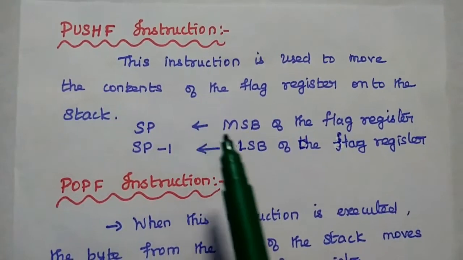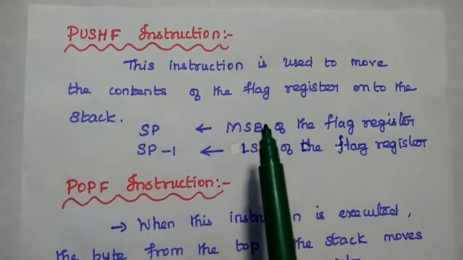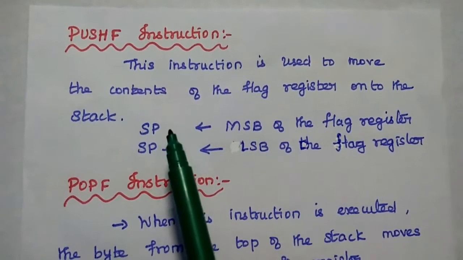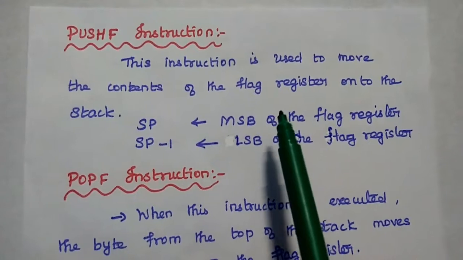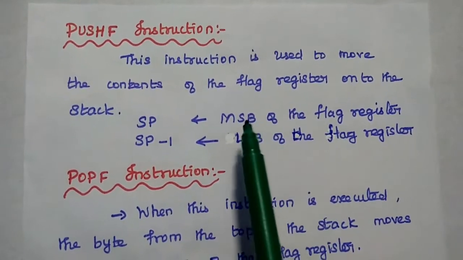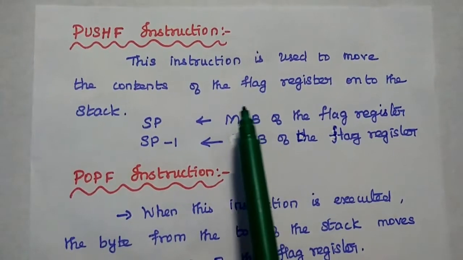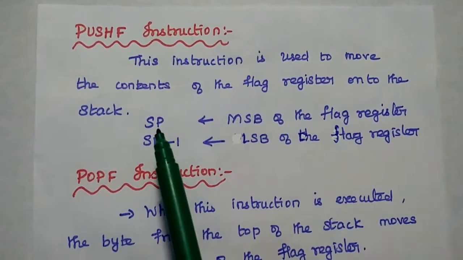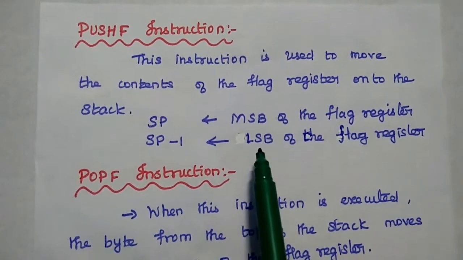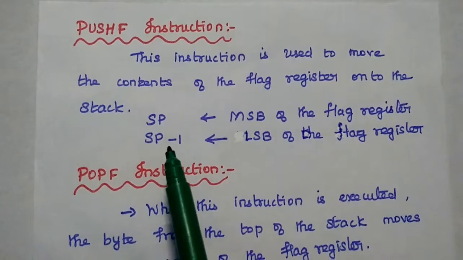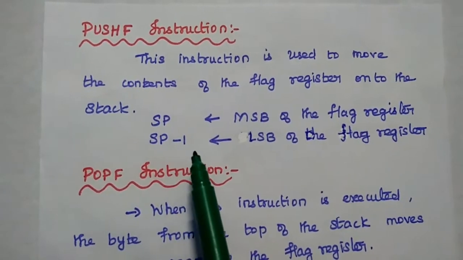Similarly, the status of the flag register can be moved to the stack by using the PUSHF instruction. We move the most significant byte of the flag register to the stack pointer location, and the least significant byte is moved to the decremented value of the stack pointer.